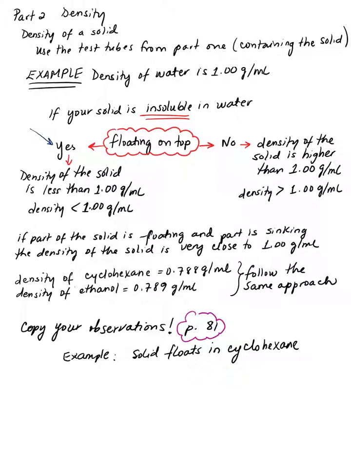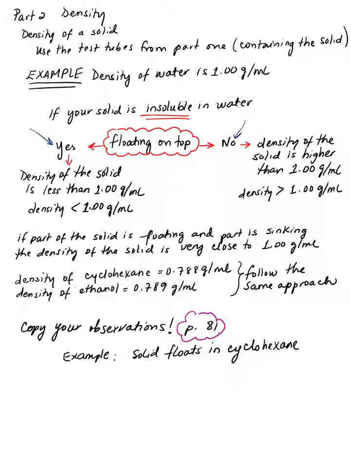On the contrary, if you see your solid sink in your test tube where you have the water, it means that the density for that solid is greater than 1. So you can use the same thing with your cyclohexane and with the ethanol.